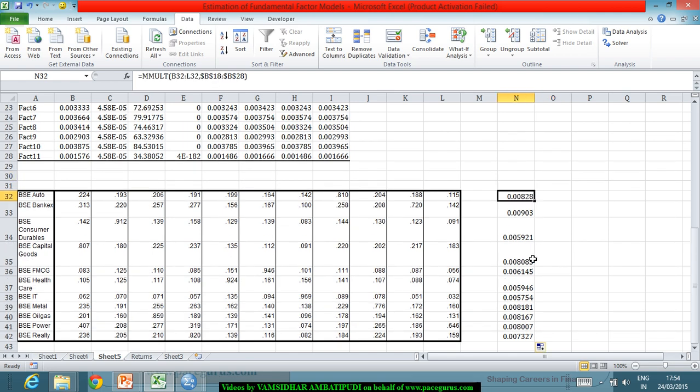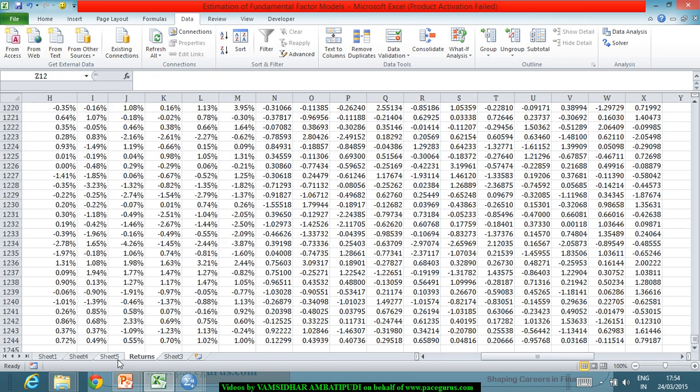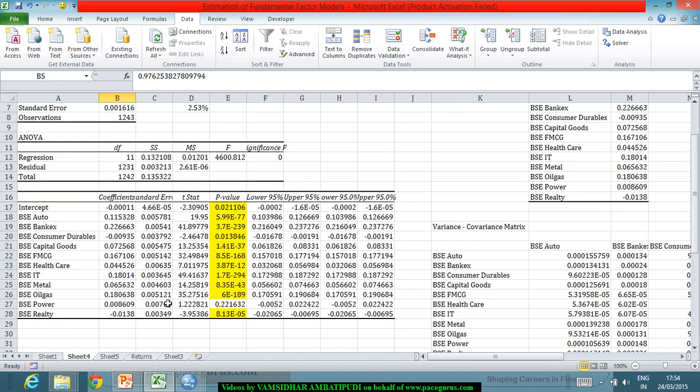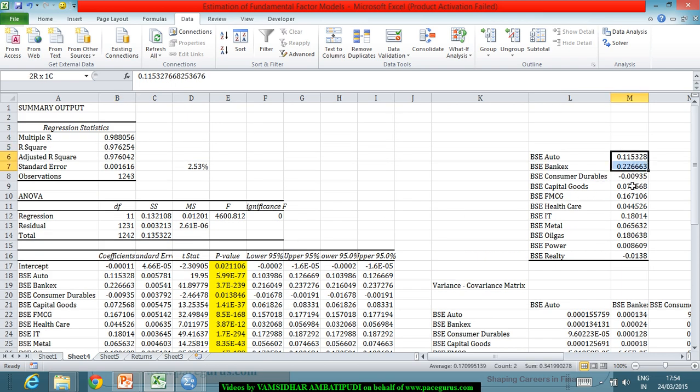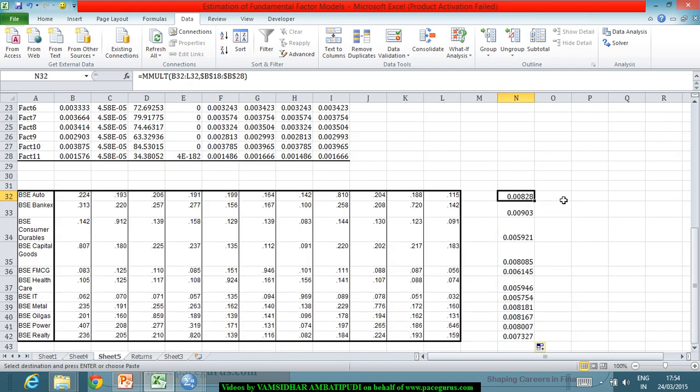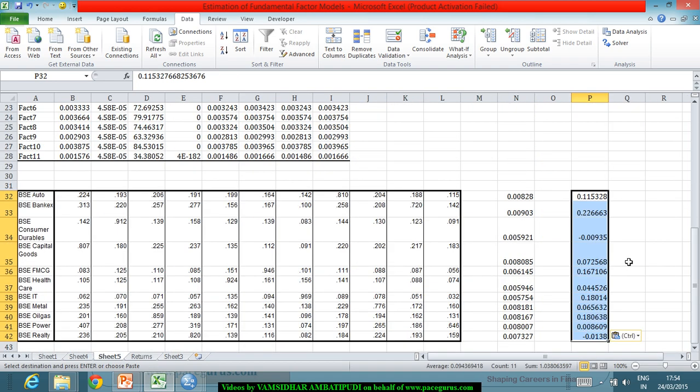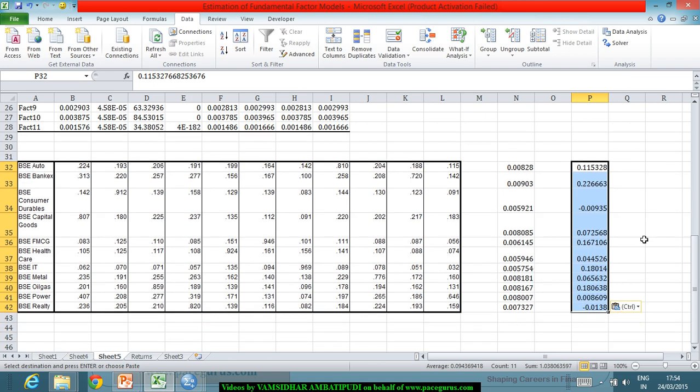So what I could see is now the betas have changed drastically. If I had done the regression in the original way, these were the betas for each one. Let me come back again. These were the betas in each of the cases. But now what I could see is the betas have differed because of this particular equation. The betas have changed across.